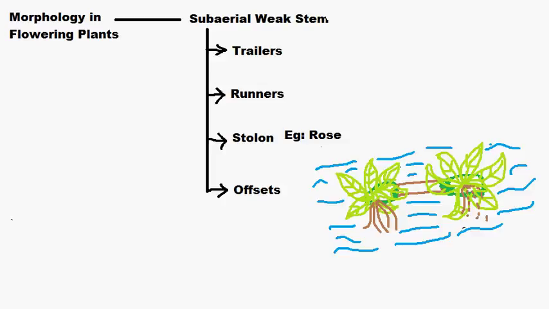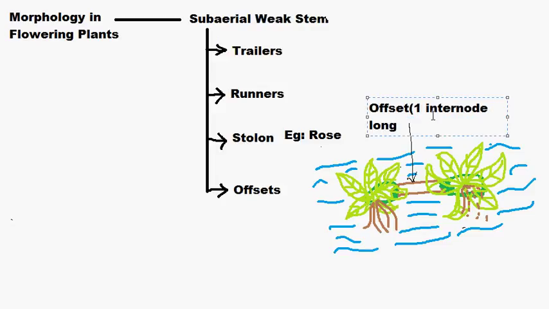Okay, so actually I paused the video and made a better diagram. Here you can see, let me correct the size. Here this structure joining the two hydrophytes is called the offset, which is usually one internode long.